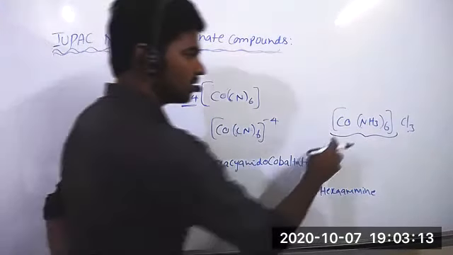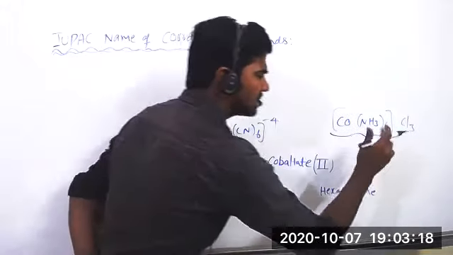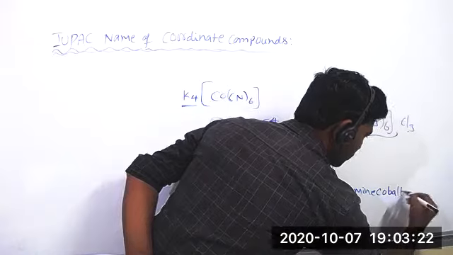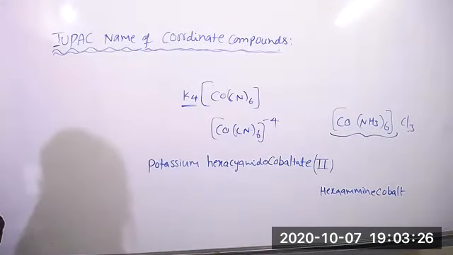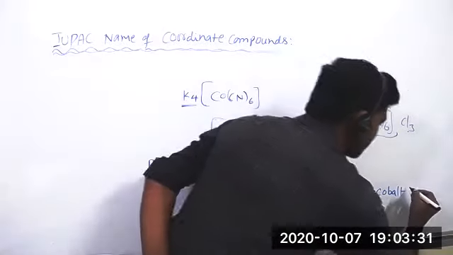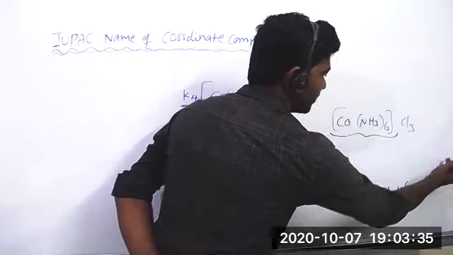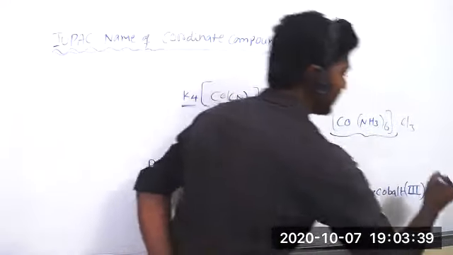Now the complex is carrying positive charge, so write the name as it is, just cobalt. Don't write cobaltate. What is the oxidation state? +3. So in bracket, Roman numeral III, and give a little gap. Now we write the negative part, chloride. Don't write trichloride. That's wrong. Just write chloride.